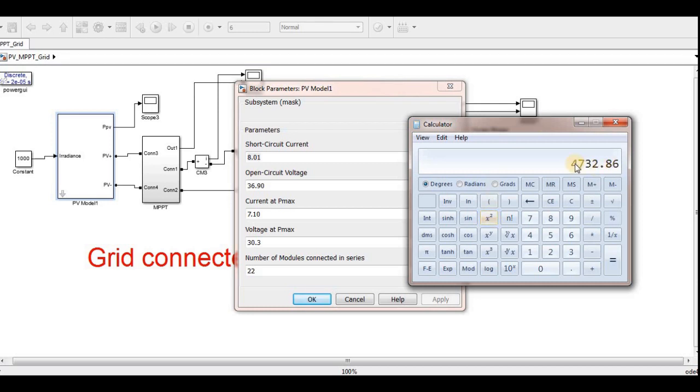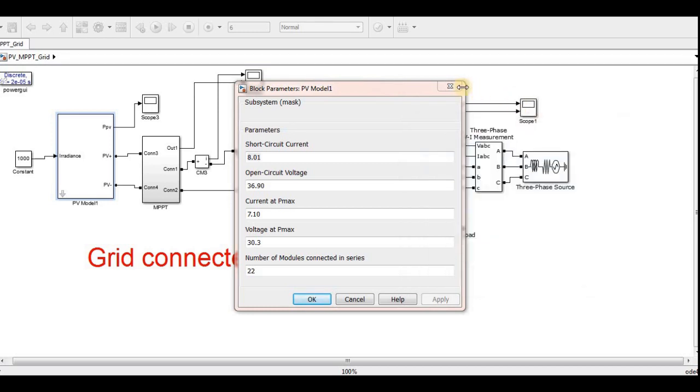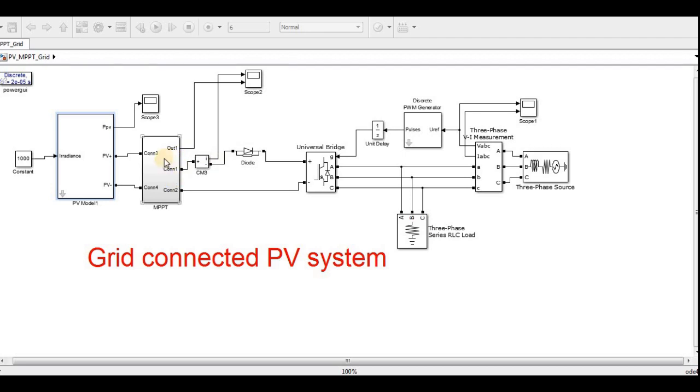So 4732 is my power. The MPPT is tracking the maximum power, and it is transferring to the grid, because there are no devices in between the MPPT and the grid. Only the inverter is there. We are assuming it is a unity power conversion device.